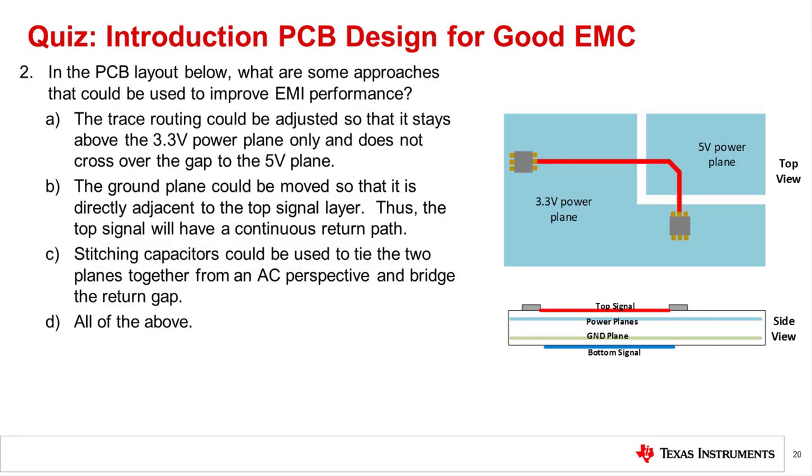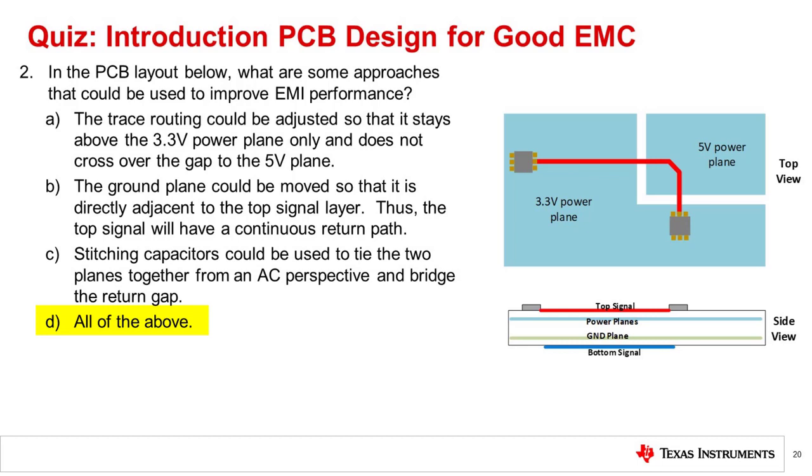Question 2. In the PC board layout below, what are some approaches that could be used to improve EMI performance? The correct answer is D, all of the above. Probably the easiest solution is to simply reroute the trace so that the return current has a continuous path on the 3.3 volt plane.